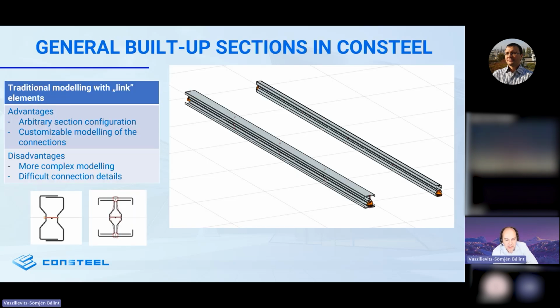Even earlier, since the very beginning, it was possible to define in Consteel such built-up sections by combining several individual members. Each individual member had to have its own reference line, positioned at the right location, eccentrically or without eccentricity. It was always a possibility.